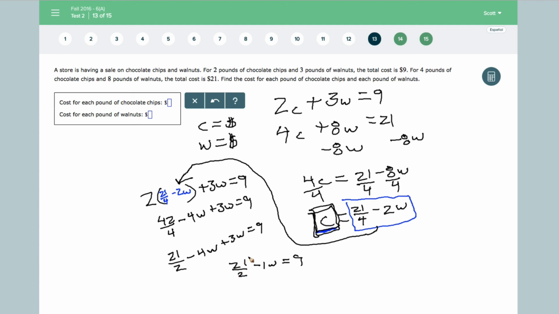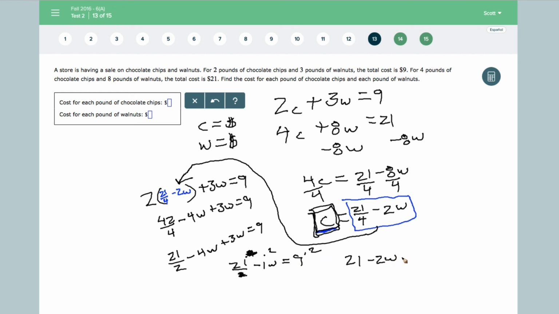I want to clear the fraction, so times 2, times 2, times 2. And the 2's cancel out. To clear the fraction, remember, you just multiply by the denominator. And I see I have 21. 1 times 2 is minus 2w.